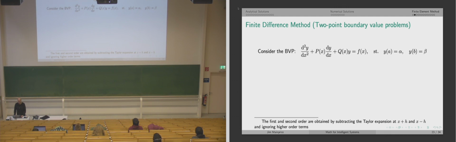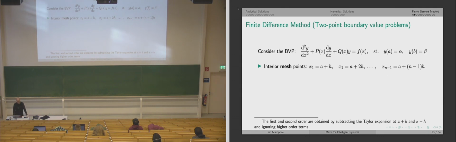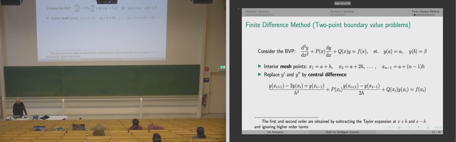So you have the following differential equation, which is subject to a two-point boundary value condition. What you can do is evaluate the differential equation at different points of the independent variable. You call that a mesh, an interior mesh point. So you're going to evaluate your differential equation at these different points, x1, x2, xn, and so on.